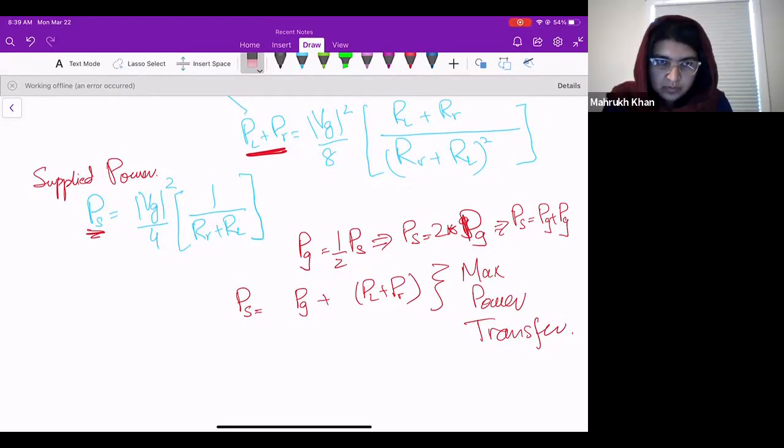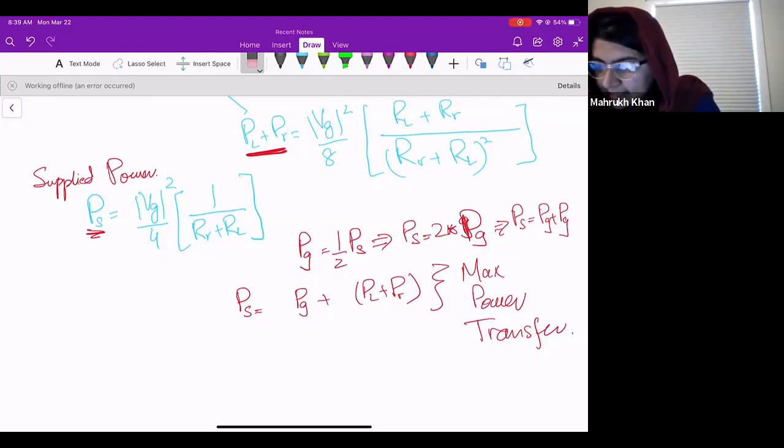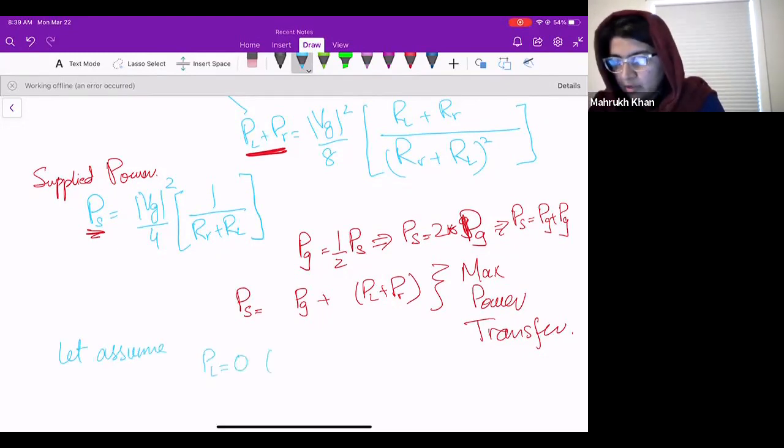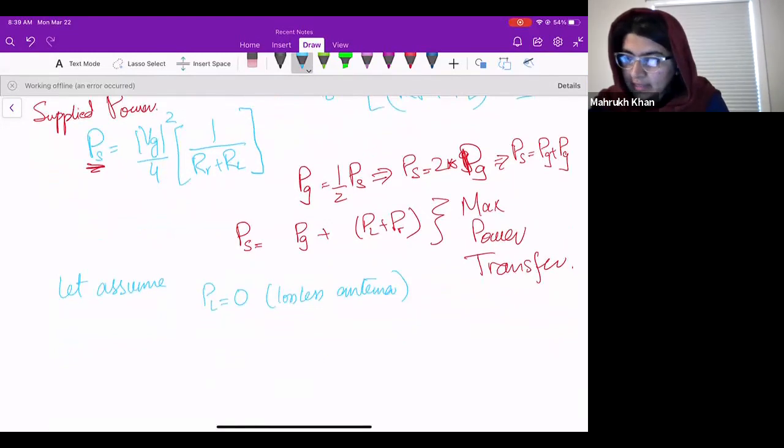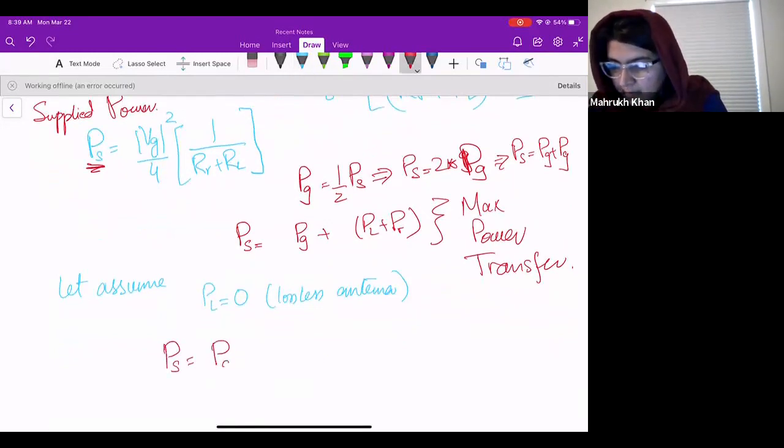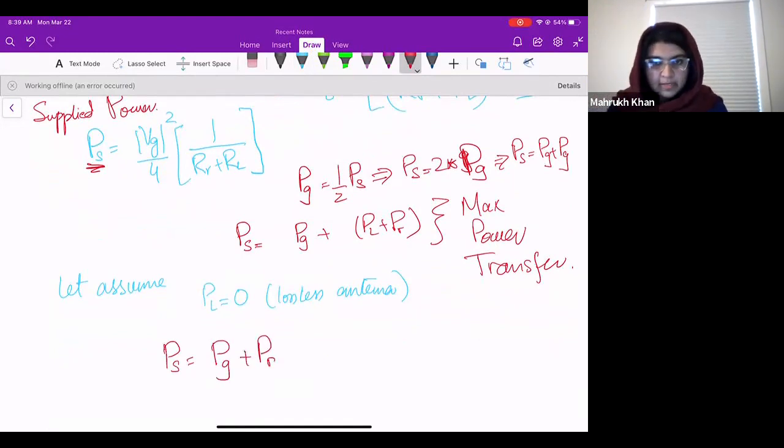So now I want to say, let's assume that our PL is 0, like our loss resistance, that the antenna is lossless. A lossless antenna is not something that happens, but still, let's say. So in that case, your PS is equal to PG plus PR, right?